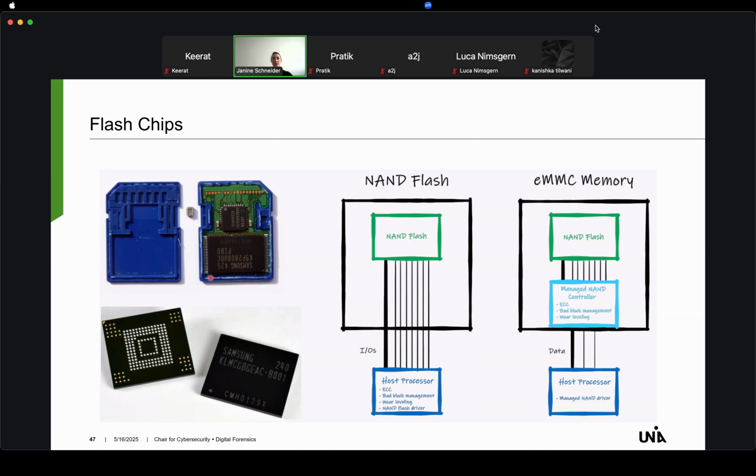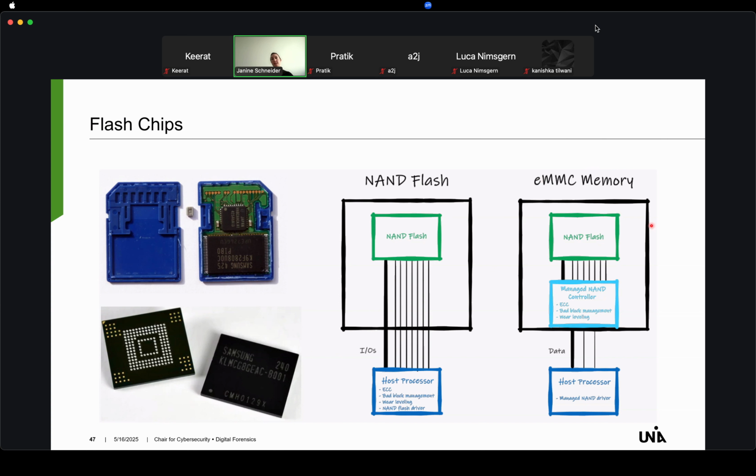The raw NAND flash usually has these little feet, which are used to solder it on the PCB, and eMMCs are usually soldered on the board via the ball grid layout. And that picture corresponds to that one here.